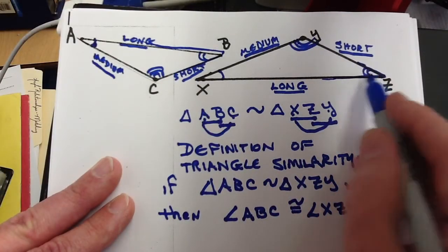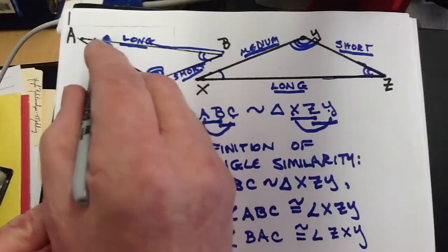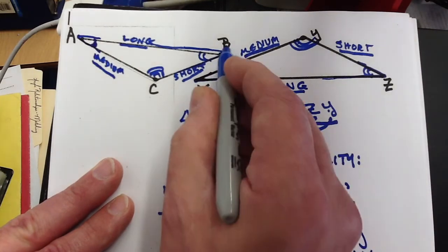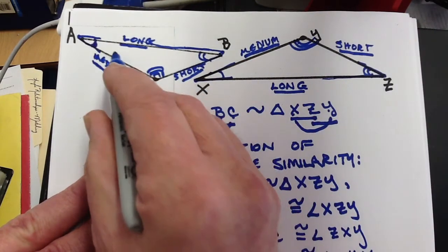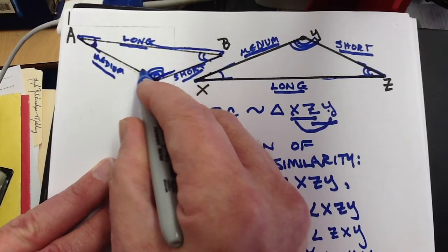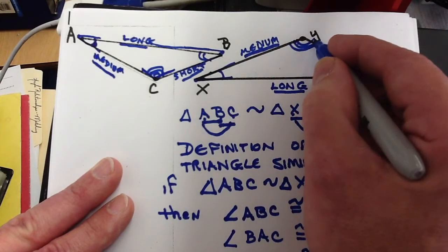They're the legs that go together to make those two angles. Angle BAC is congruent to angle ZXY. Again, long and medium compared to long and medium, where those two meet to form an angle. And then finally, where medium and short meet would be angle C and angle Y in the triangles.